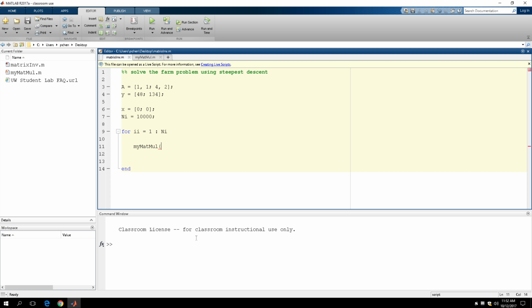So the first thing we put into the multiplication is A, that's the first input, and then X is the second input. And then we need to store the output. The output is going to be different from the actual Y value, right?